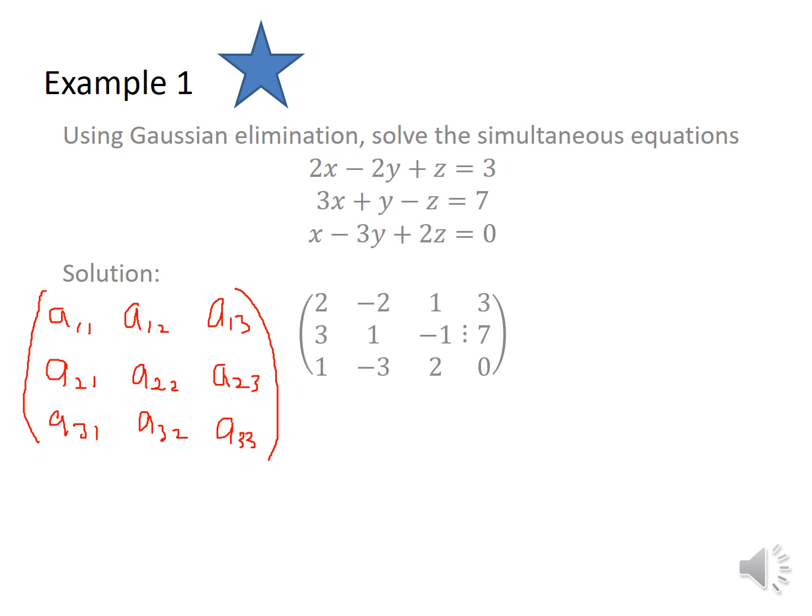So you write the formula. You can see the 3 is at the 2 and 1. So we just use row 2 and row 1. Write R2 minus R1 and replace the new row into R2.